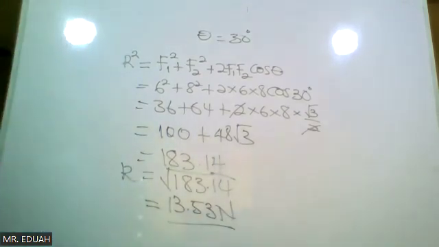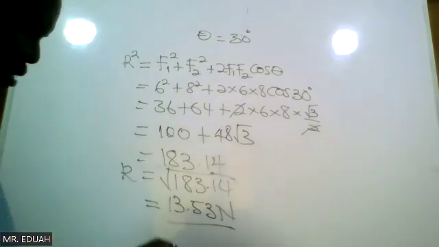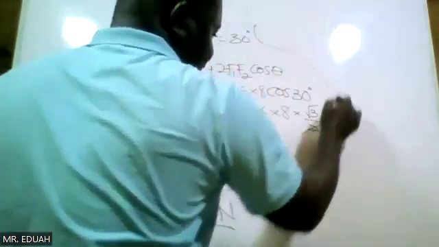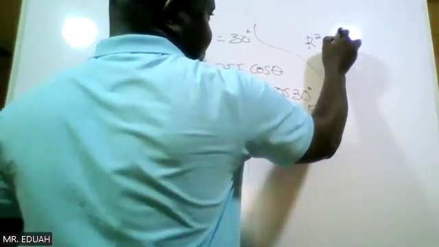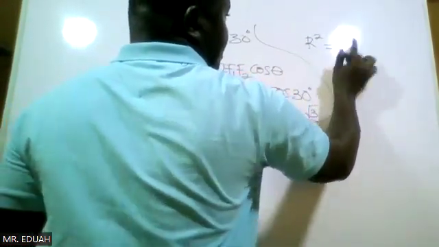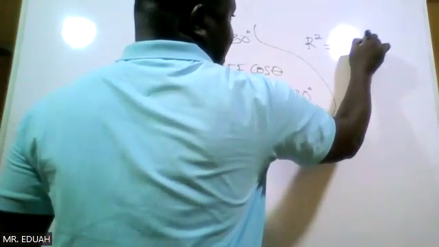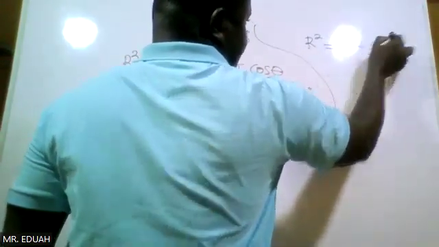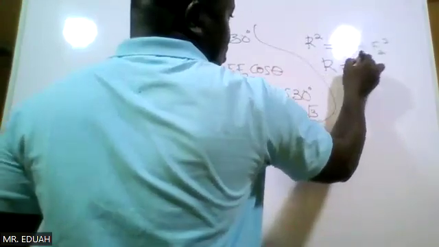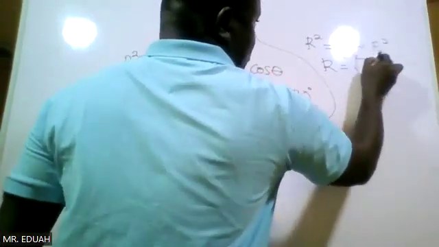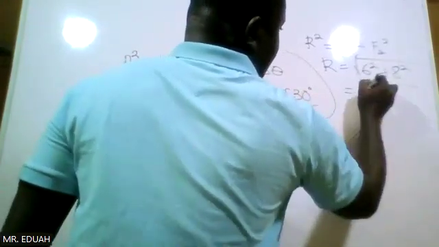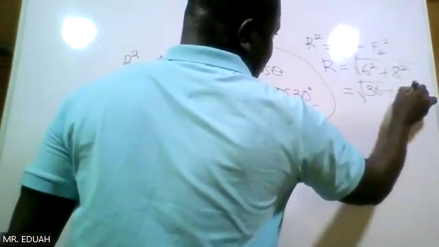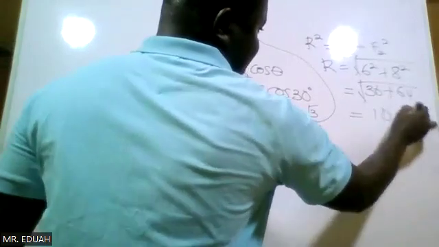So let's find the resultant quickly. We have to use Pythagoras theorem: F1 squared plus F2 squared. So R will be equal to the square root of 6 squared plus 8 squared, that is 36 plus 64. The answer is 10 Newton.